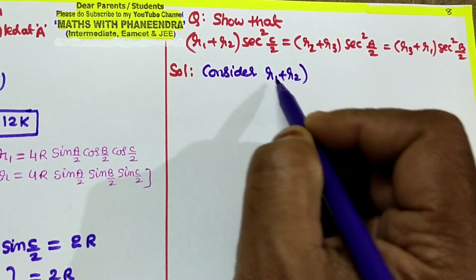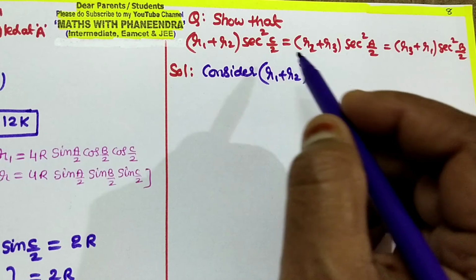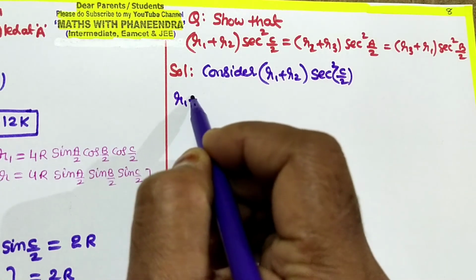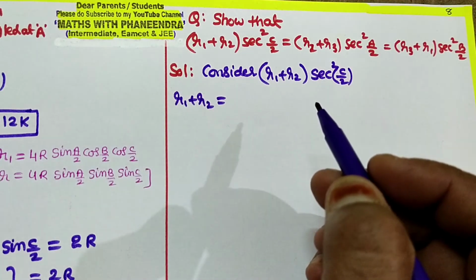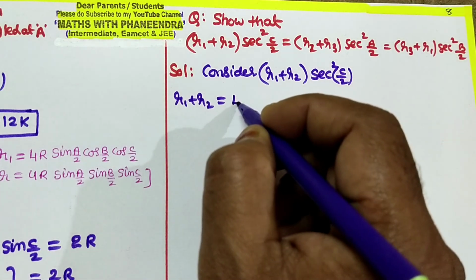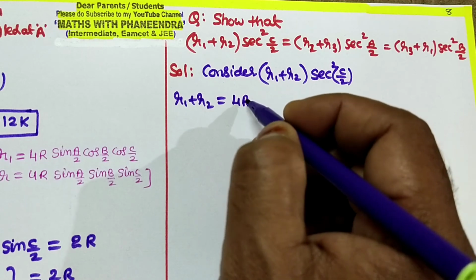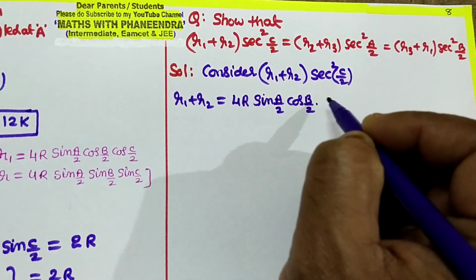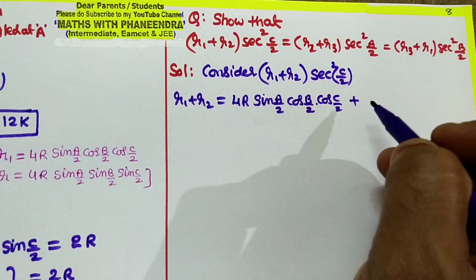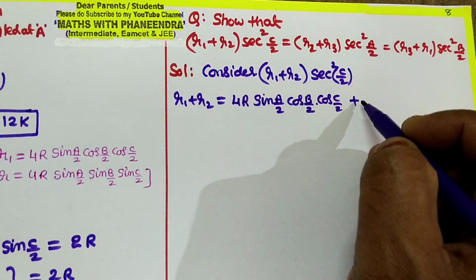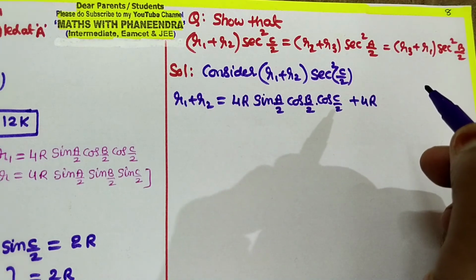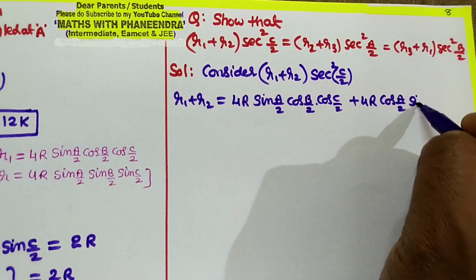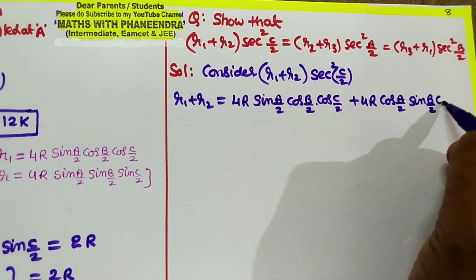(r1 plus r2) into secant square C by 2. Before that, r1 plus r2 value we will calculate. r1 means 4R sin A by 2 cos B by 2 cos C by 2, plus r2 is 4R cos A by 2 sin B by 2 cos C by 2.